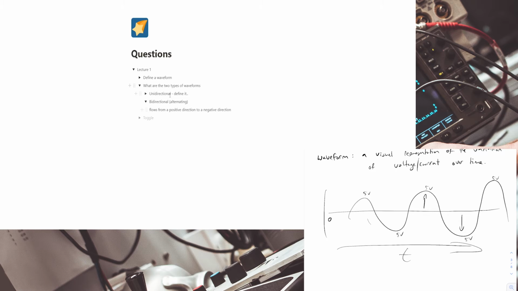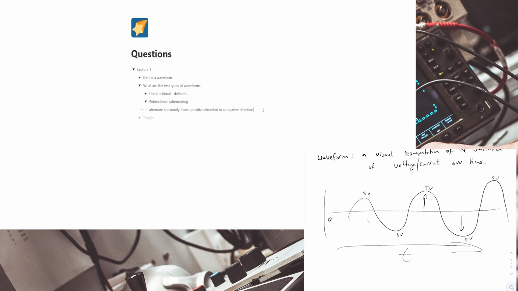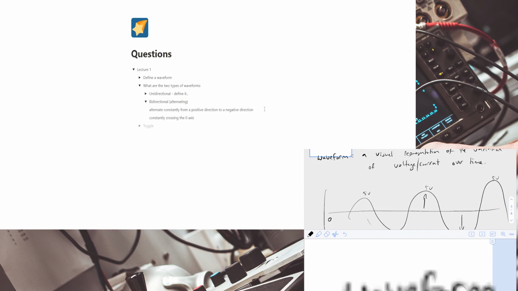I mean, that's not really correct. It's that they alternate, because that would imply that they just go from positive to negative once. They alternate constantly from a positive direction to a negative direction, constantly crossing the zero axis.